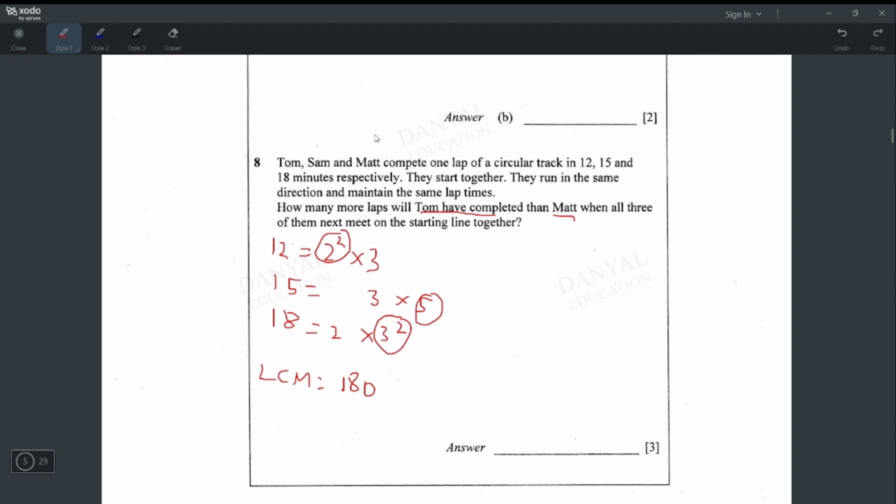Matt's time is 18 minutes, meaning that Matt would complete 180 over 18 minutes, which is 10 laps, because each lap takes 18 minutes and the total time is 180 minutes. So he would have completed 10 laps by the time they meet together, and Tom would have completed 180 over 12, which is 15 laps. So Tom would have completed 5 more laps.